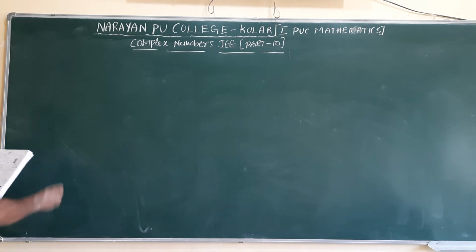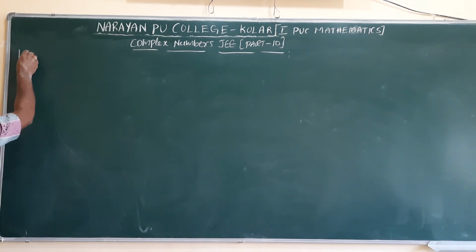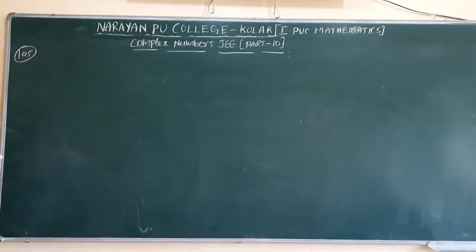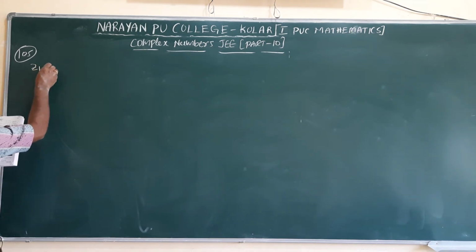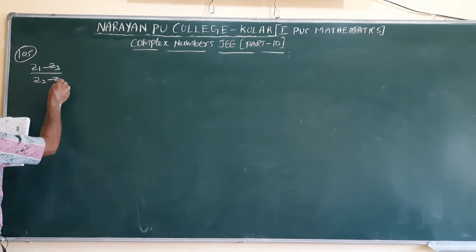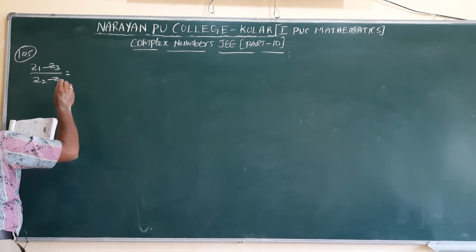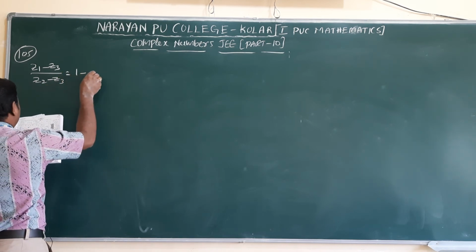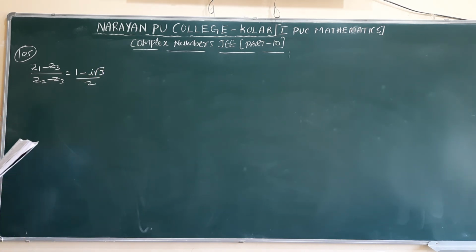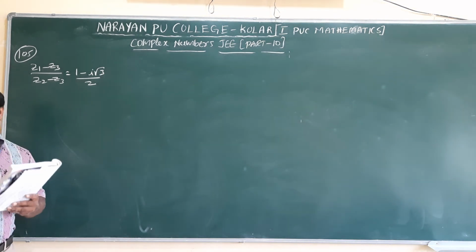Next question, question number 105. The complex numbers z1, z2 and z3 satisfying z1 minus z3 divided by z2 minus z3 is equal to 1 minus i root 3 by 2 are the vertices of the triangle which is.